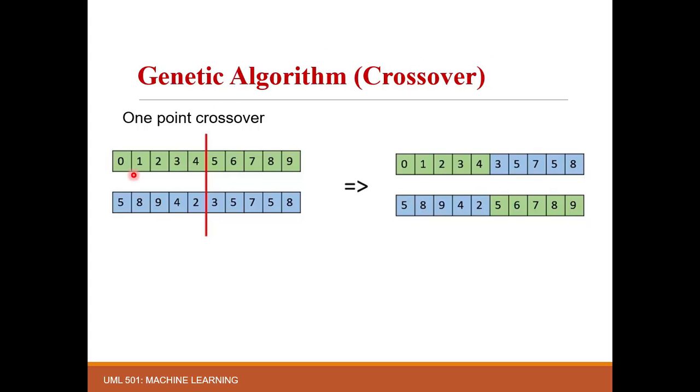In this one point crossover example, we have taken two chromosomes, or you can say two parents, two individuals, two probable solutions. The red line is representing the crossover point here. One parent is shown with green color and the other parent with blue color.